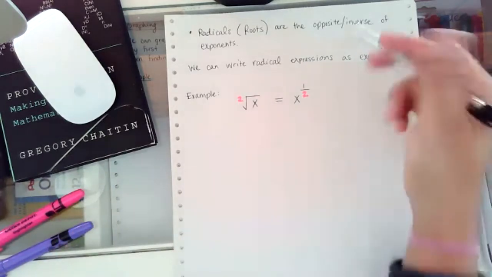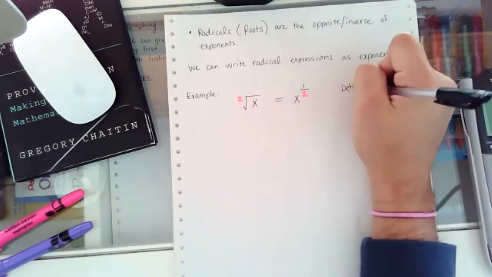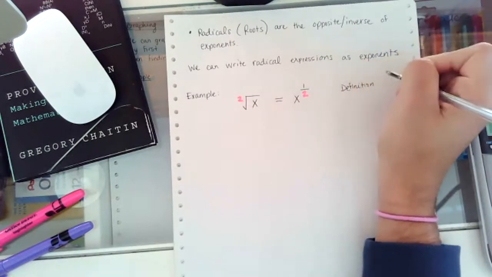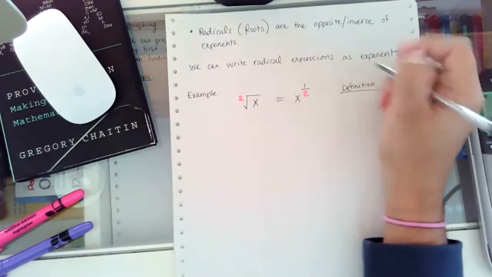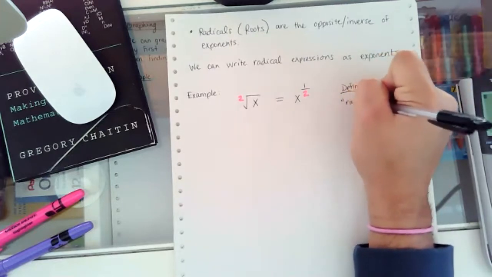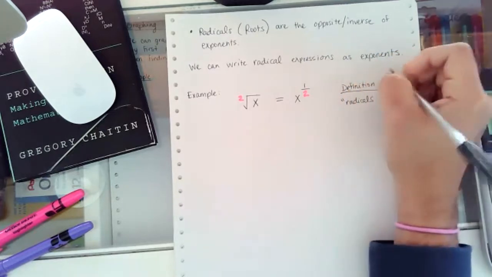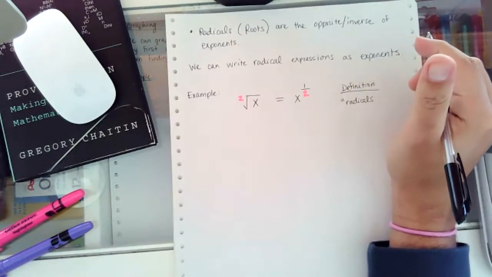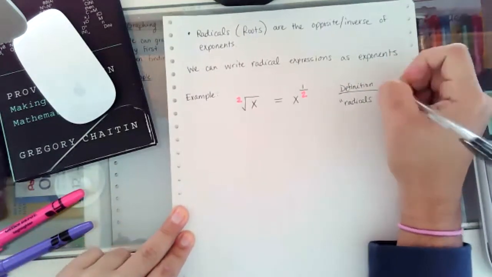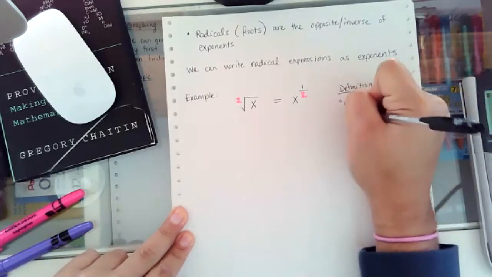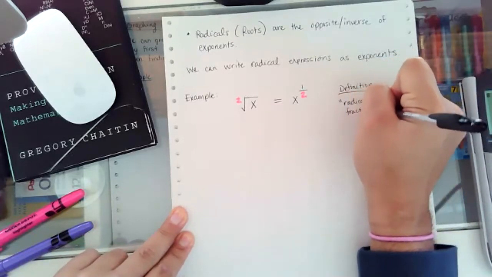This is sort of a definition. And we'll think of radicals not only as being the opposite of an exponent, but as being rational or fractional exponents. So radicals are fraction exponents.